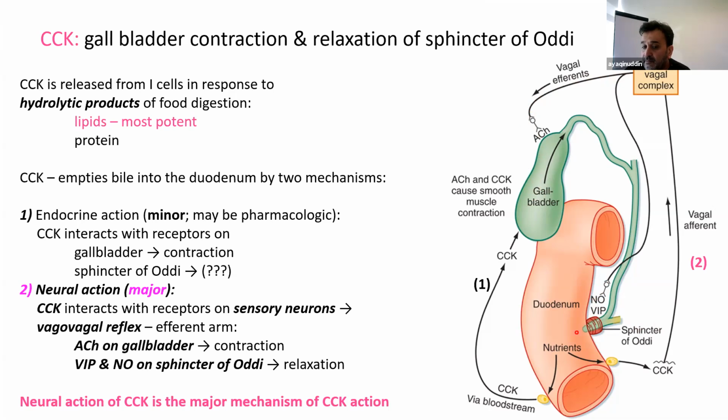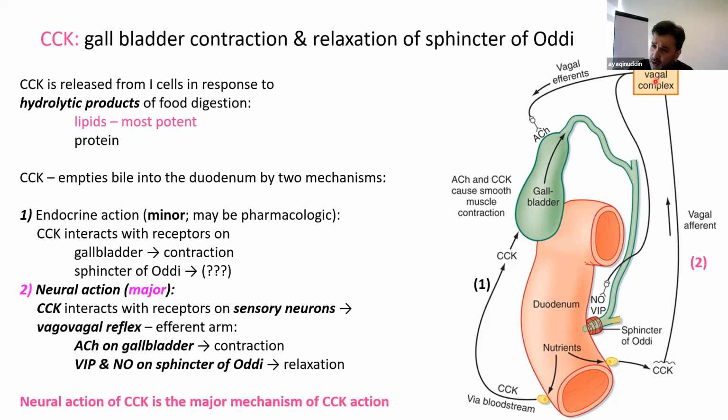So what is happening? There is a local mechanism, suggested by the release of CCK binding to receptors on the gallbladder and to unknown receptors on the sphincter of Oddi. The other is that CCK stimulates the sensory neurons, and these sensory neurons take the reflex to the vagal complex in the medulla, from where the efferents come and stimulate the gallbladder and relax the sphincter of Oddi.